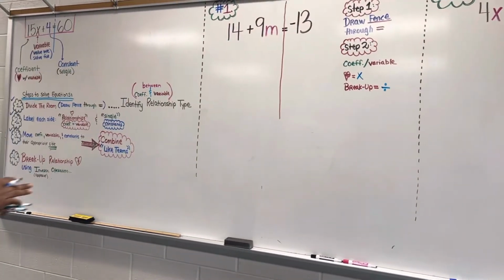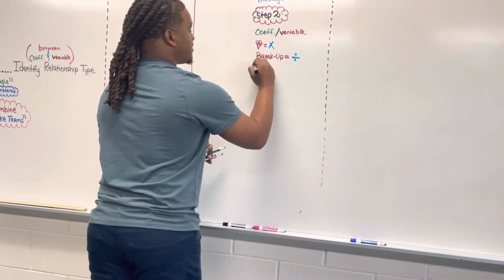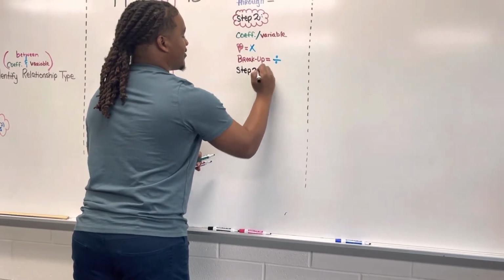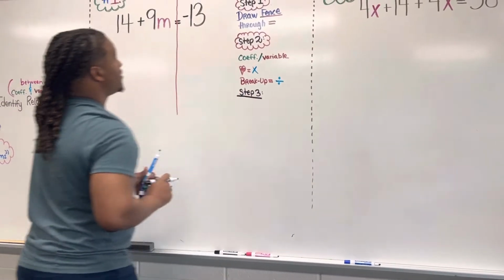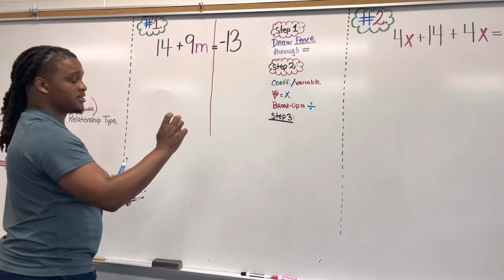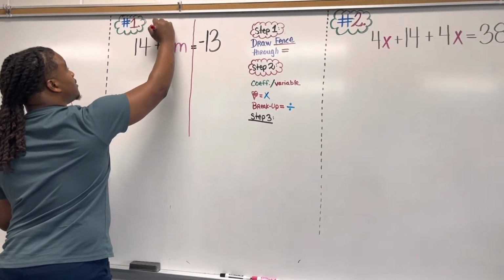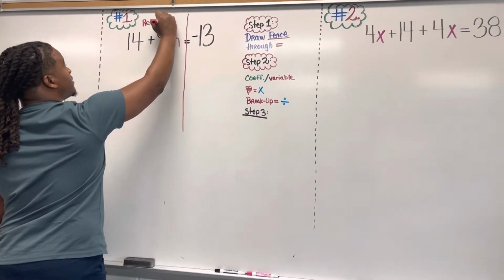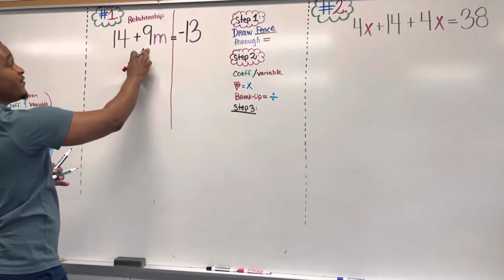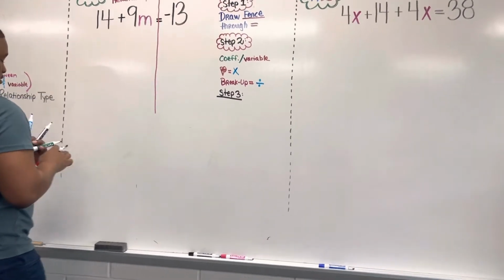Step 3 is to identify the sides and label the sides. All right, so remember, 9 and m are in a relationship. So let's go ahead and label this side as the relationship. And remember, guys, the relationship is just the operation between the coefficient and the variable. 9 is the coefficient, m is the variable, okay?